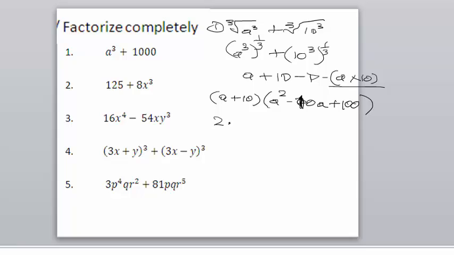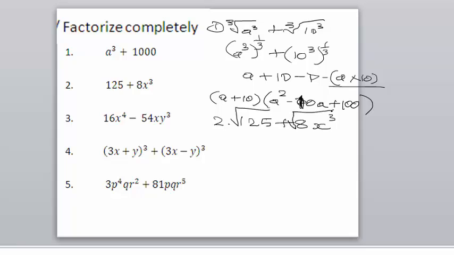Like I said, it's quite lengthy, but it's basics once you get used to the routine. It's a routine type of exercise: 8x cubed. So again, you have two cubes. What are you going to do? You're going to put that cube root there.